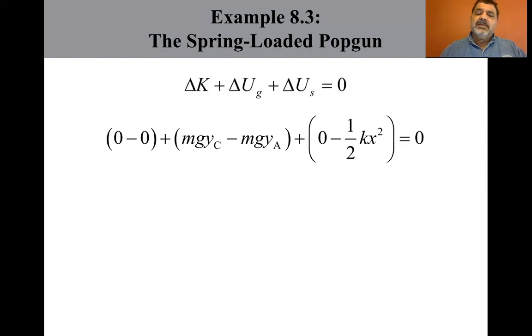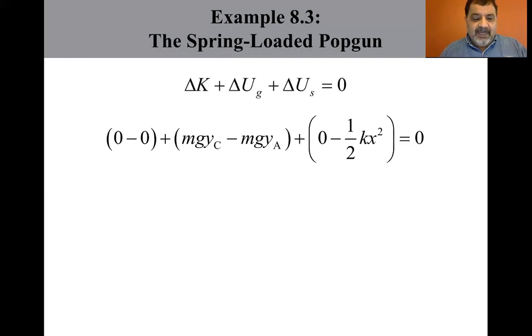Again, kinetic energy is 0 for the initial and final cases, that's why we have 0 minus 0. We have mgyC minus mgyA for the potential energy, and the initial spring potential energy is 1/2 kx squared. There is no spring potential energy when it reaches the top, so the final is 0.